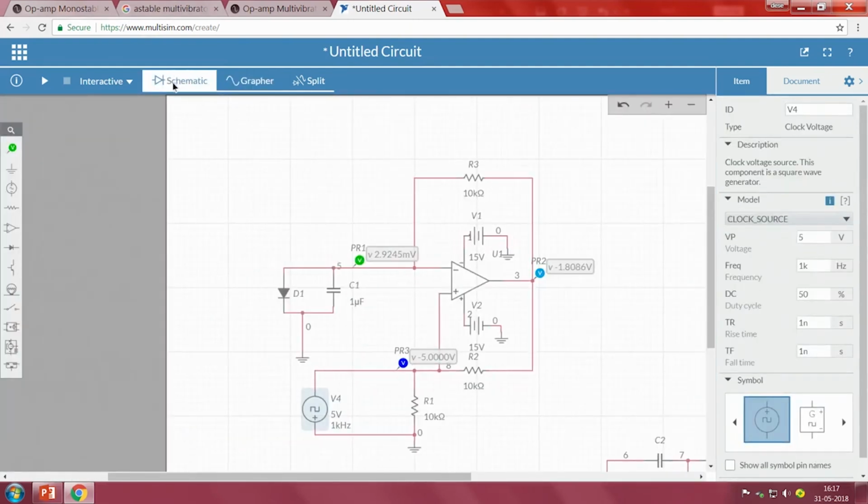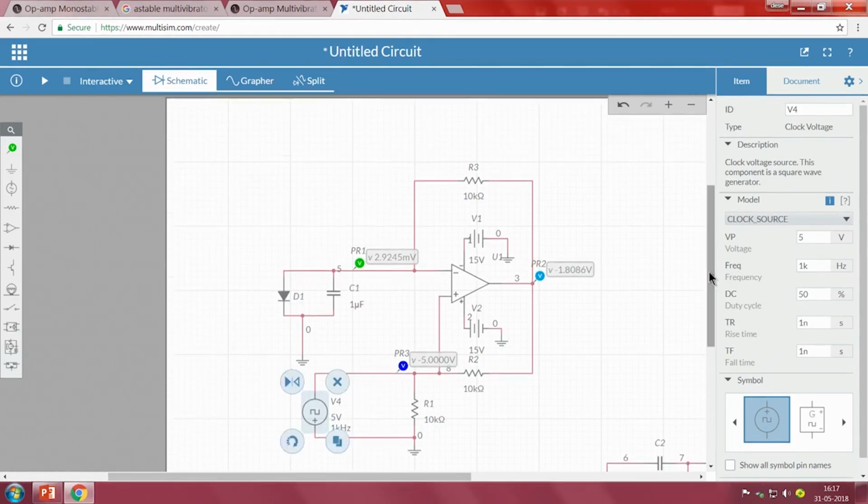I need only a short duration pulse of 1 millisecond or even smaller. But with this it is not possible, it will keep on changing. One way is to connect the pulse to a differentiator, and we will get a spike. I need only a spike. So, we will create a spike.